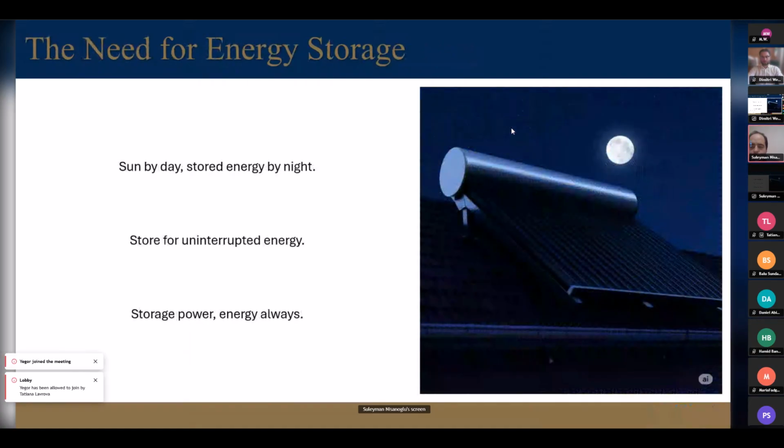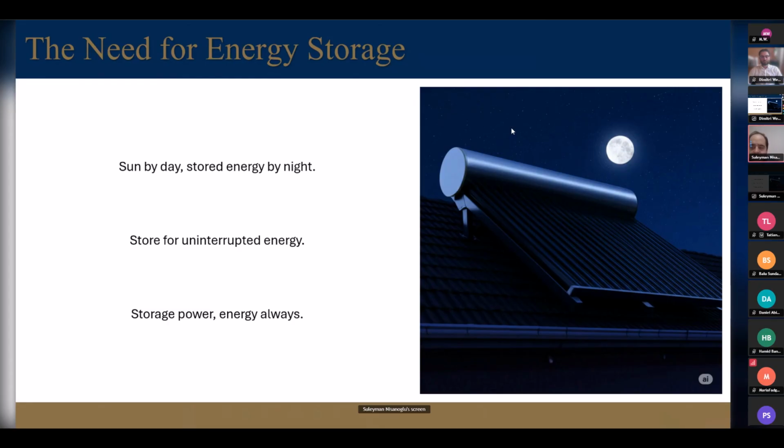The biggest issue with solar energy is that it is intermittent. It's only available during the day, and its efficiency decreases on cloudy days or during winter. This creates the necessity of storing energy for times when it cannot be used directly.